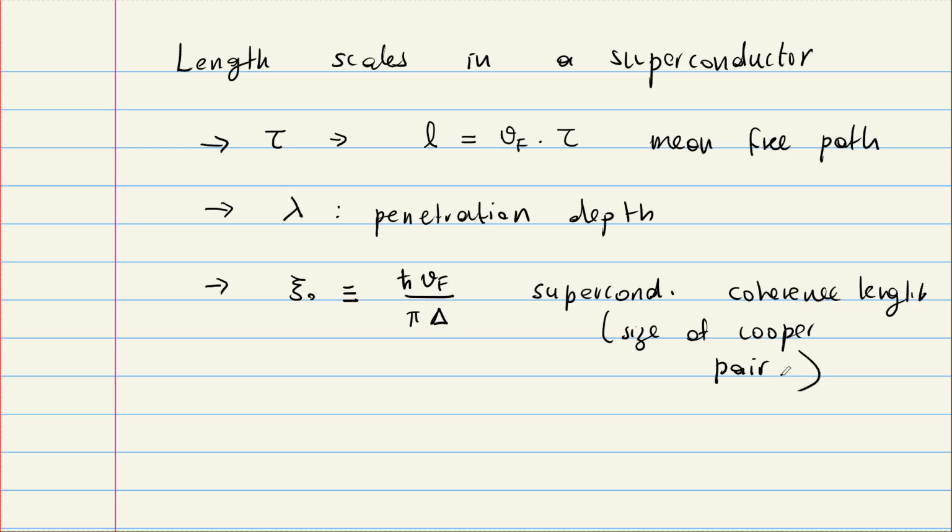So BCS theory explains superconductivity by electrons being paired. When they pair, they are bosons, and those bosons can Bose-Einstein condense. But you'll see it is a completely different kind of condensate. That's why we cannot call it a Bose-Einstein condensate. But this pair has a characteristic length given by this.